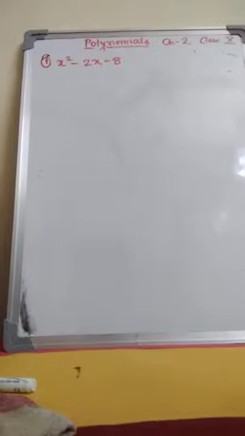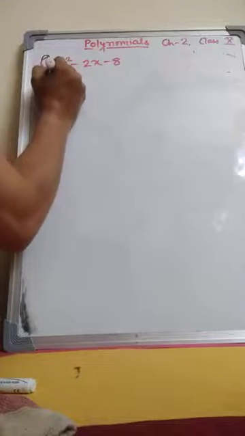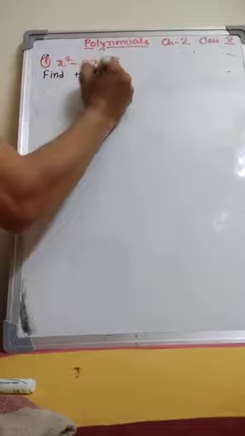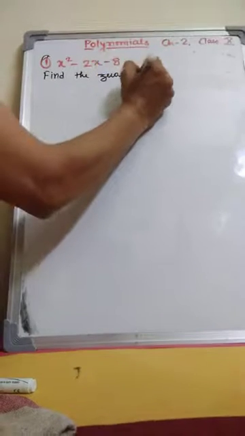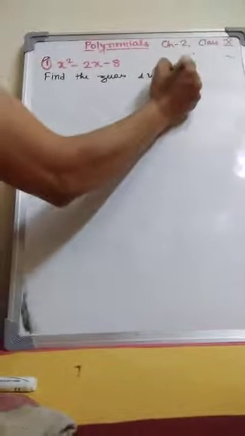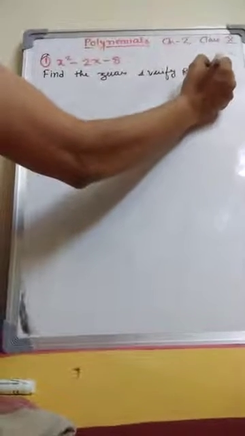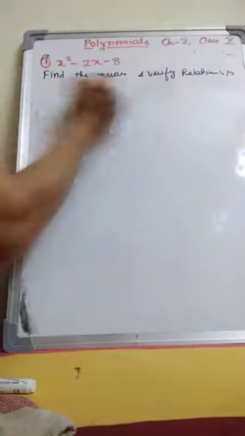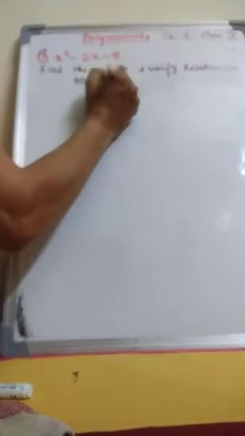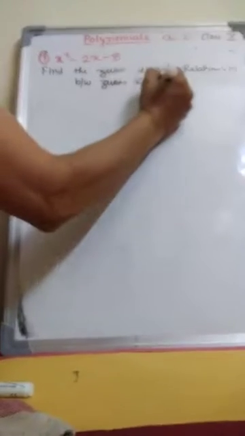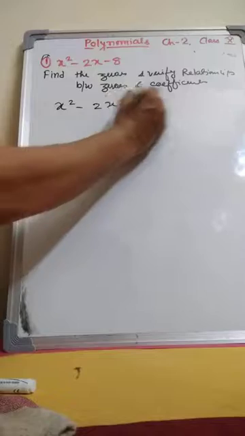The question is: find the zeros and verify the relationship between zeros and coefficients. Now, we have x square minus 2x minus 8.